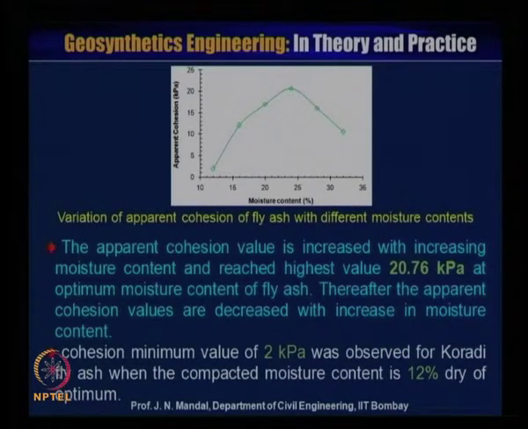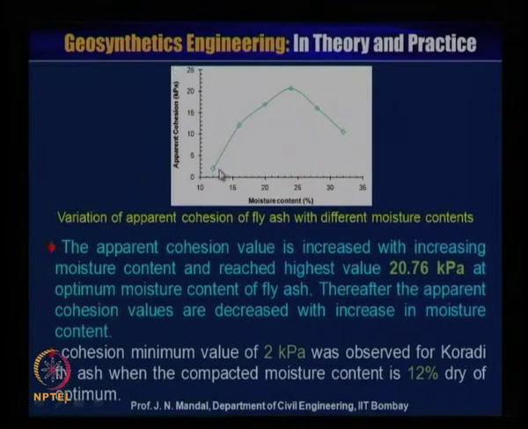Now, this slide shows the variation of apparent cohesion of the fly ash with different moisture content. The x axis is the moisture content, and this is the apparent cohesion in kilopascal.